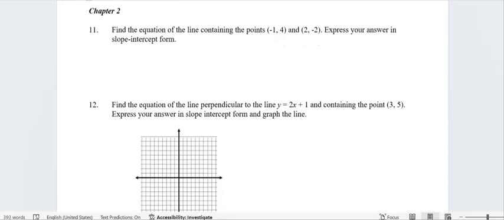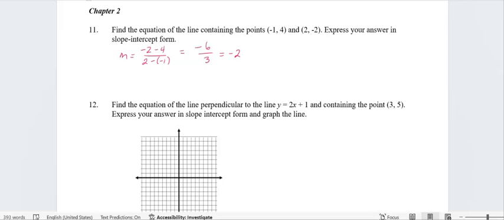Okay, chapter 2, we did a lot of work with linear equations like number 11, the equation of the line containing these 2 points. So we first have to find the slope of this line. y2 minus y1 over x2 minus x1. So this would be -6 over 3, which is -2, is the slope.